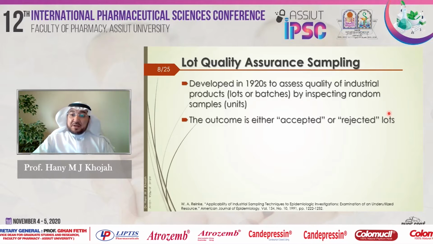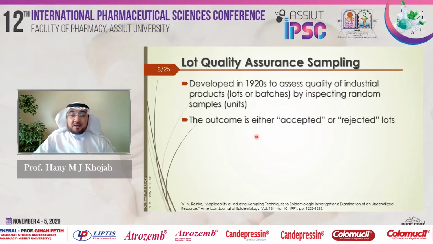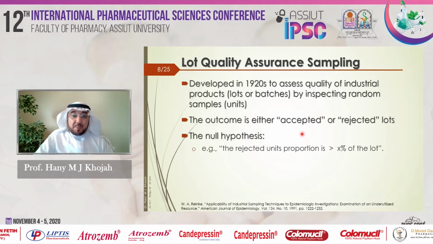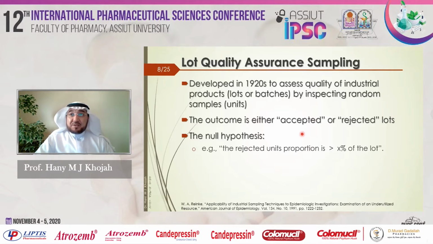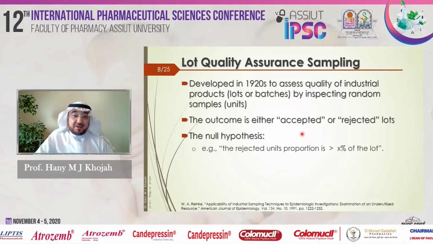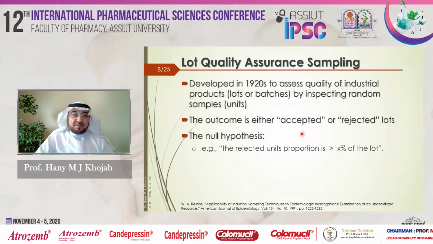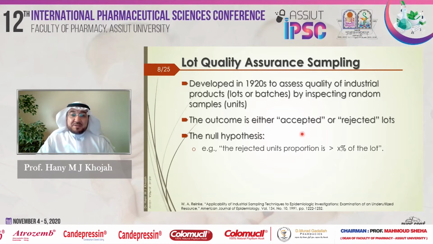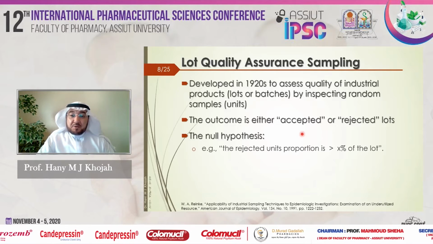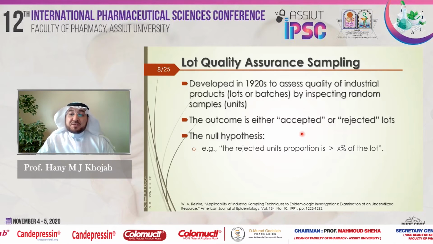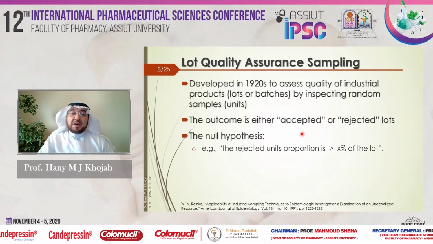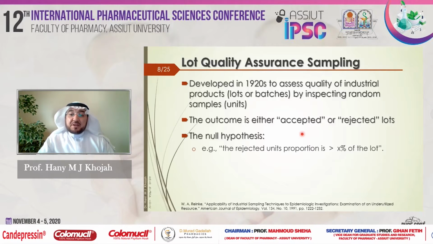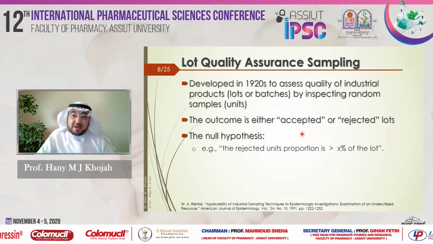So the outcome after the quality testing is that the whole batch is either accepted or rejected. There should be a null hypothesis, and usually for quality testing, we tend to be negative in our assumption. For example, we say the rejected units proportion is more than X% of the lot. Like we are expecting to find more than, for example, 10% of bad products out of this lot.